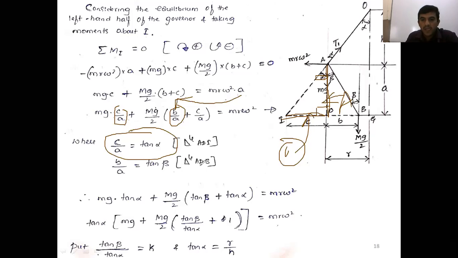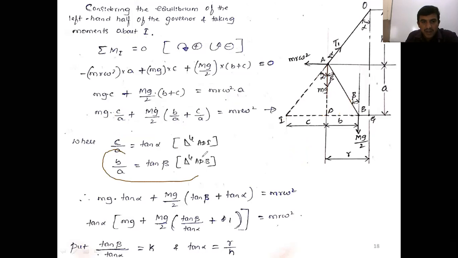Similarly, go for one more, B by A. What is B by A? This is B and this is A. Again, consider the right angle triangle ADB, the angle subtended here is beta.